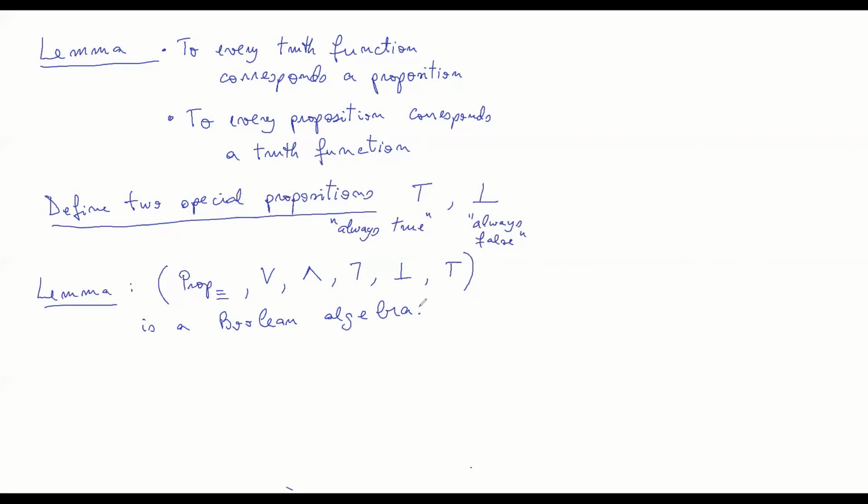Now, the point that I do want to make here is that it's really this prop equivalent that's a Boolean algebra, and you should observe that the set of propositions with all these operations is not a Boolean algebra. It doesn't look like a big difference between prop and prop equivalent, maybe.